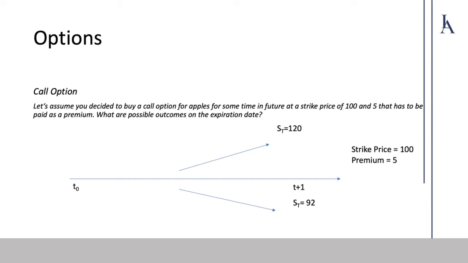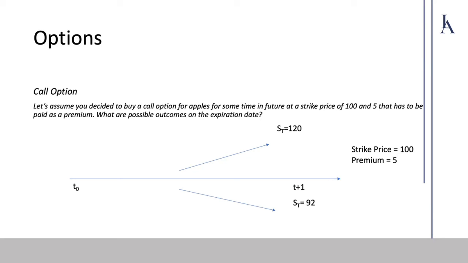And here we have a small diagram with the scenarios of what could happen in future. You have paid 5 in time t0. It has already been paid, and you have the right to buy apples for 100 in time t plus 1.